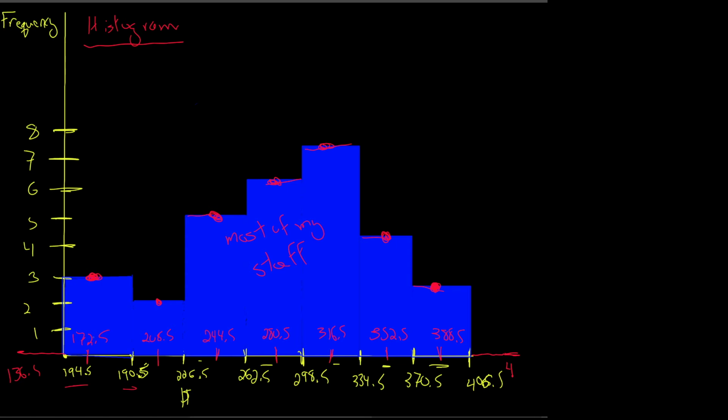Oops, we're coming one class width from the midpoint, that's 136.5. Come up one class width from here, so it's 388.5 plus 36 is 424.5. There we go. Sorry about that.